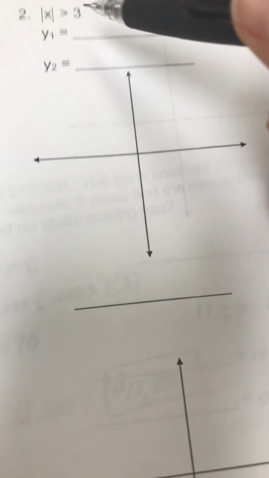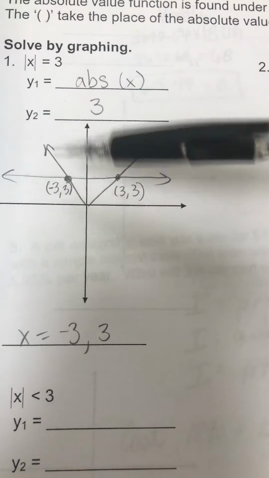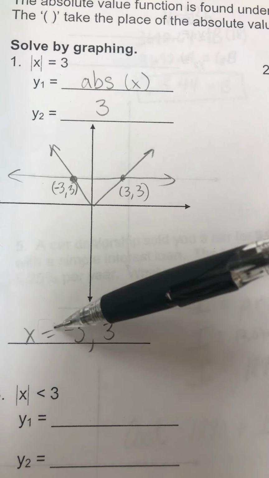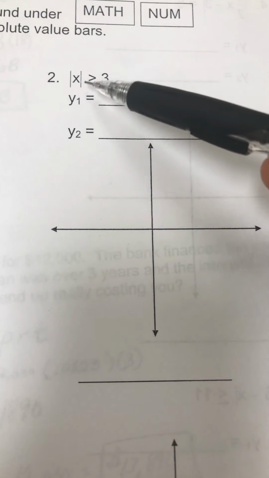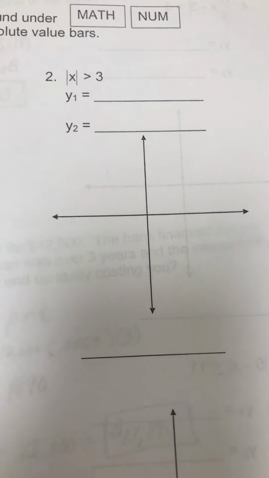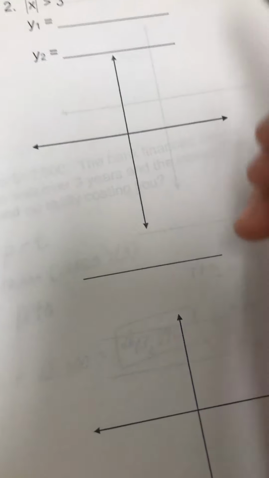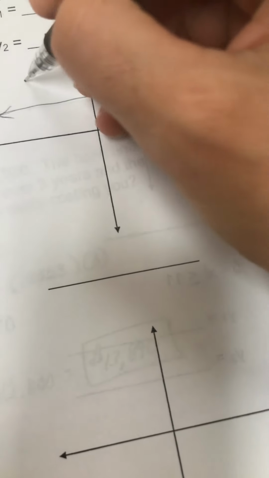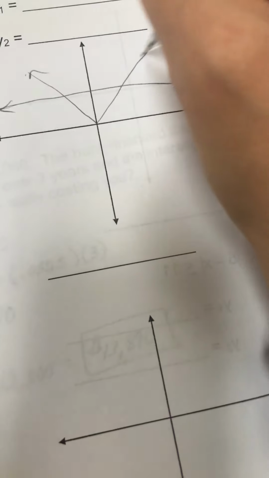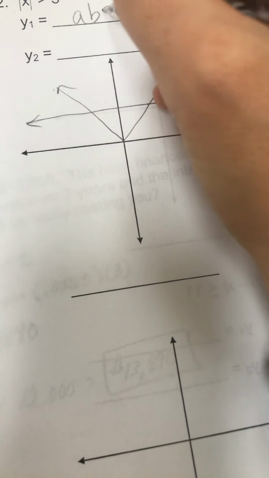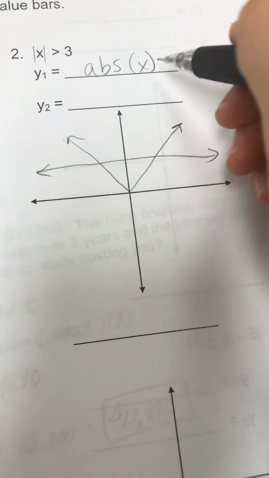Now let's look at a different one. We're going to do greater than. This one was just equal to, and we have 2 solutions, right? See how our answer has equals because our problem has equals. So now we're going to look at number 2. We're starting with absolute value of x greater than 3. Now you're going to draw your graph, and it's going to look the exact same, because your y1 is the absolute value of x and your y2 is 3.